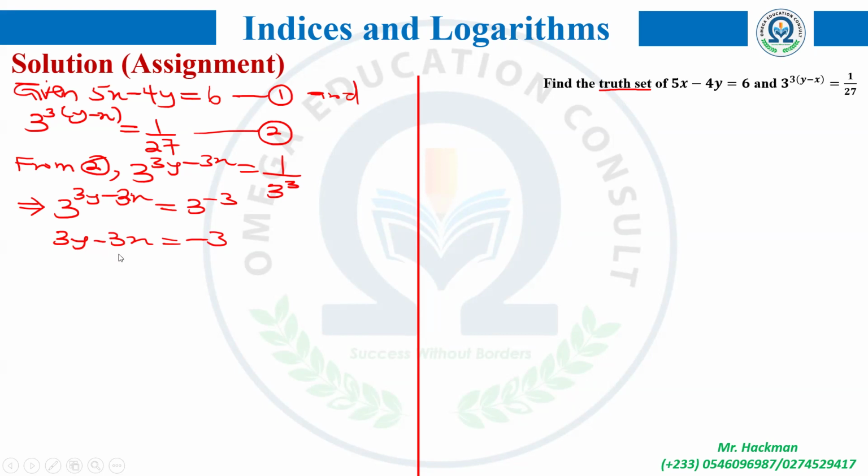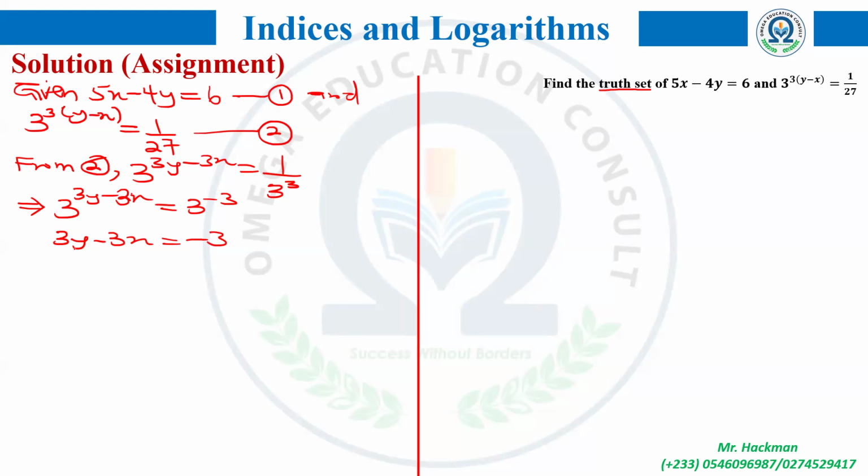However, because I want my first term to be x, then my second term to be y, and then my constant term, I would divide by negative 3, because I want my first term, which is the x term, to be positive. Is my point well made? Yes, please. So at this point, you can write each term divided by minus 3.